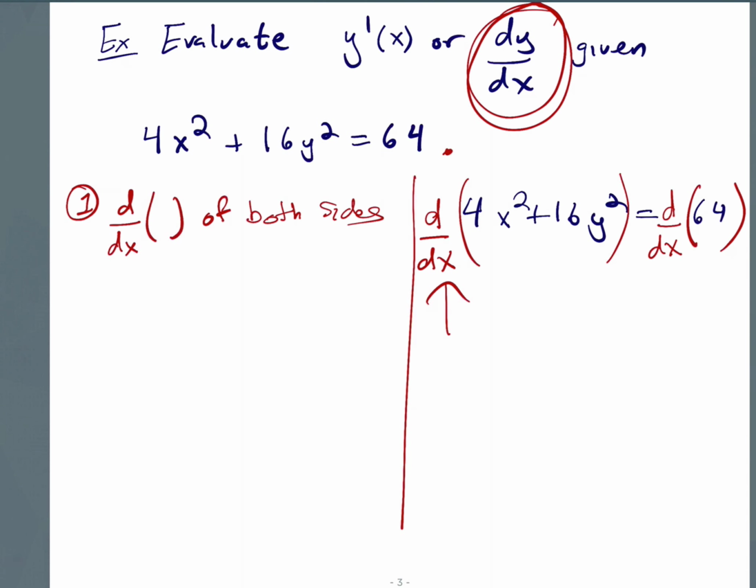Close. But more important than that, take it a step further. When you have d over dx and then parentheses, what is it really? It's the derivative operator, starts with an O and ends with an R.